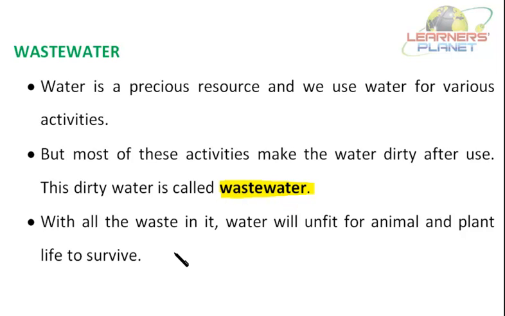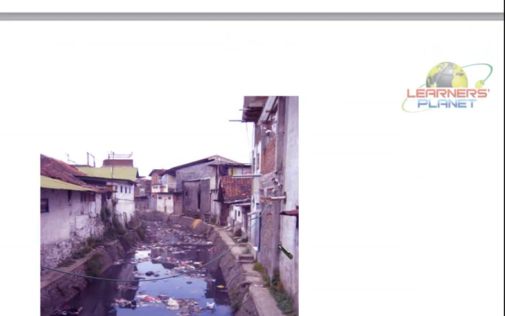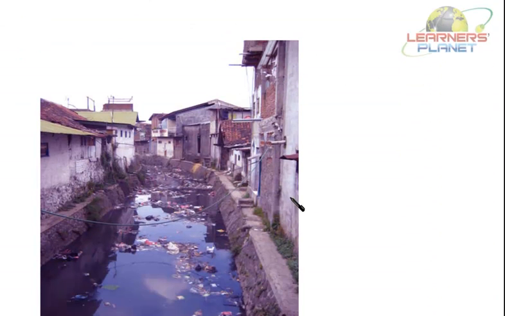With all the waste in it, water will be unfit for animal and plant life to survive. Here you can see a very clear picture of the wastes which are present in the water.